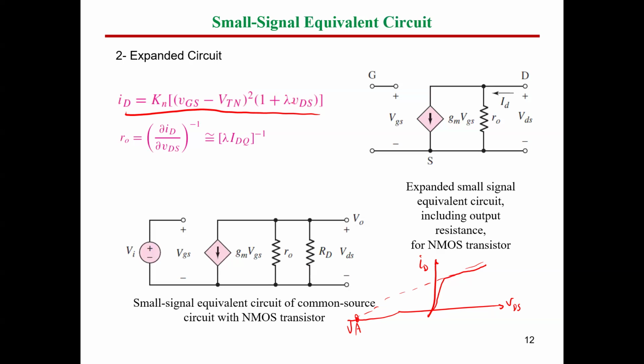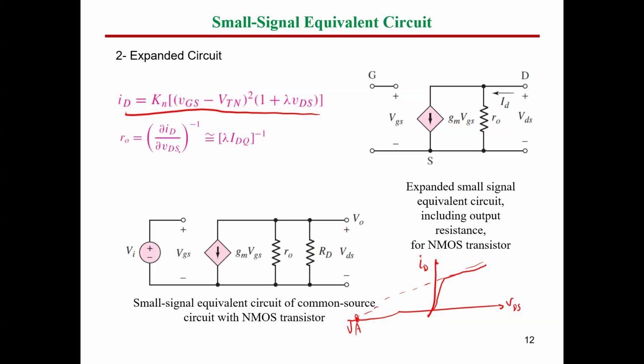How can I get the output resistance? The output resistance can be obtained by differentiating ID versus VDS. So if you differentiate this equation, the approximated value is going to be just lambda VDS. So I'm differentiating ID with respect to VDS.